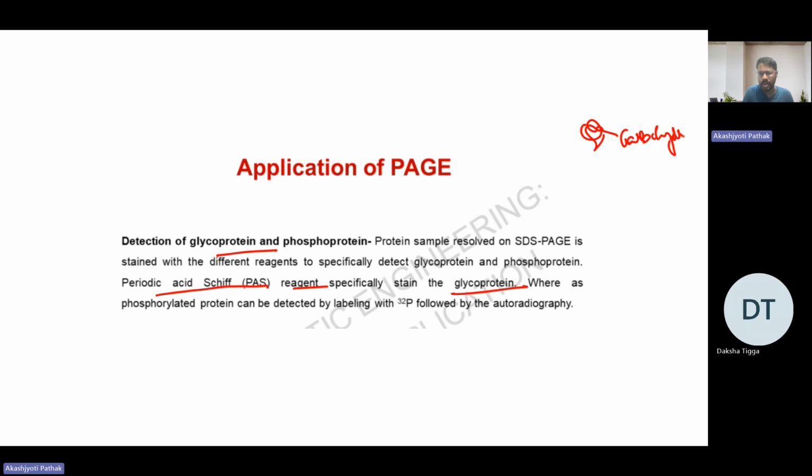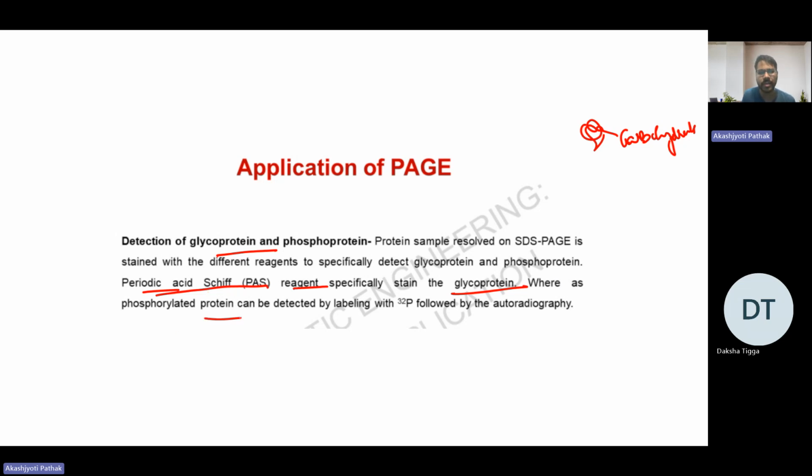It can be mannose, or some other sugar molecule to which it is attached. So how do you detect a glycoprotein? Because Coomassie will not stain a glycoprotein, it will only stain a protein. So for detecting a glycoprotein, you need to stain it with this reagent, periodic acid Schiff reagent.